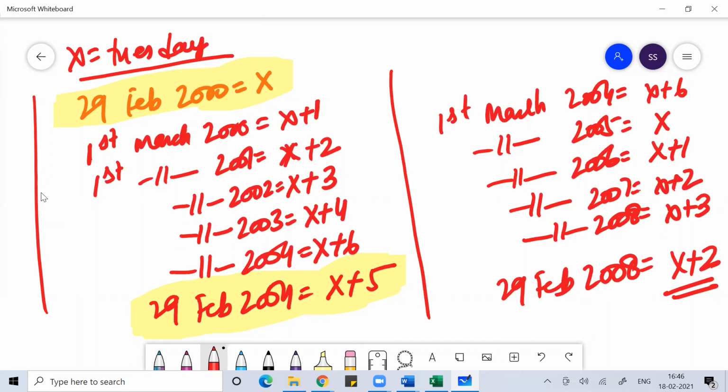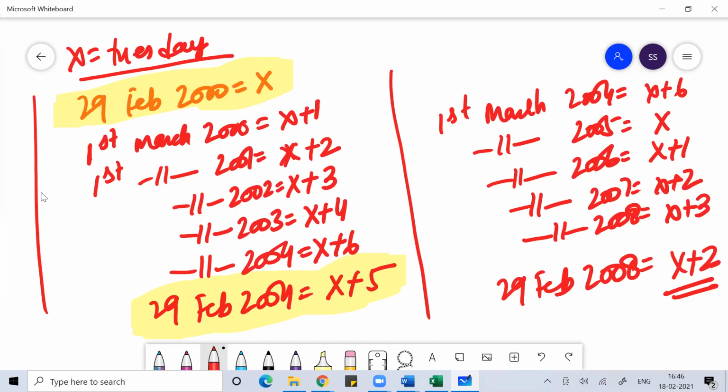You can see how the days are repeating. It was Tuesday, then it became Sunday, then Thursday. Tuesday, Sunday, then Thursday.